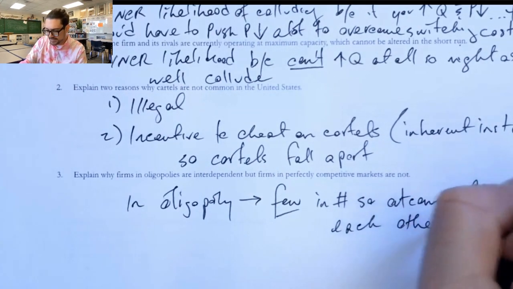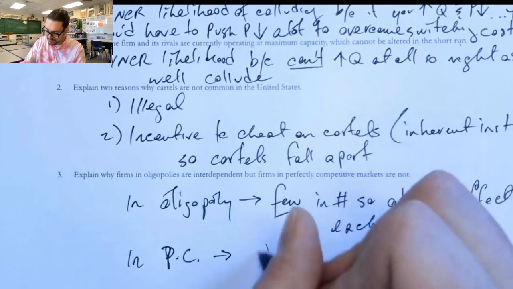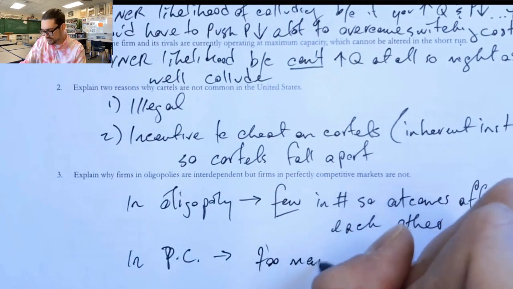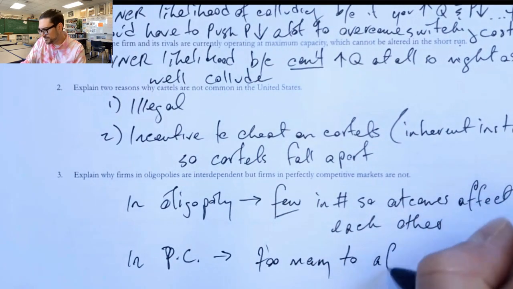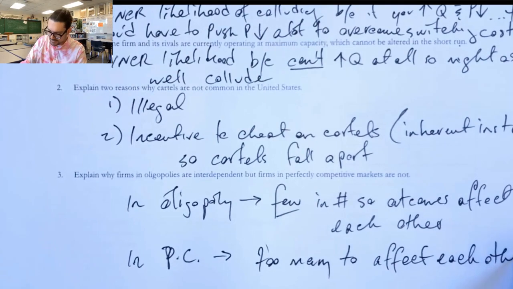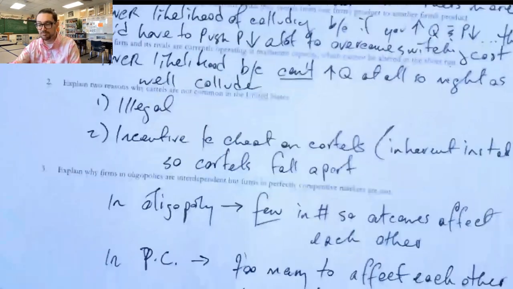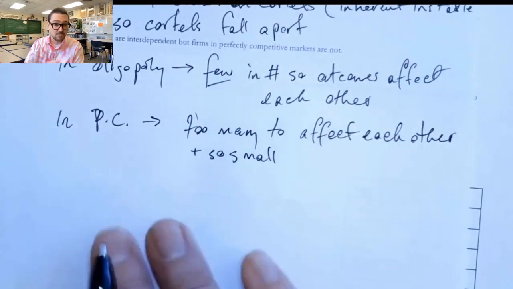And then in perfect competition, we'd say there's too many to affect each other. Because each firm is so small, too many and so small, right? Each one has such a small market share, we would actually say that they can't really affect each other because they're so small within that.